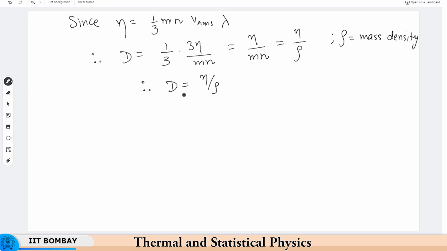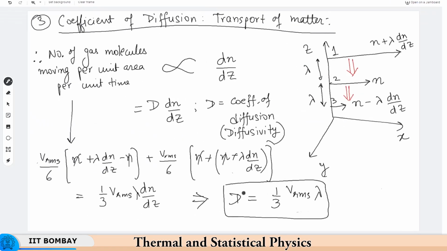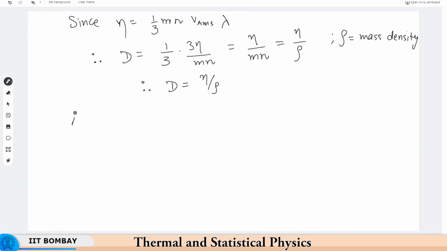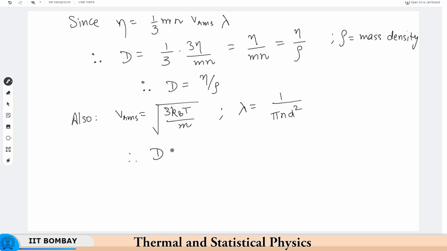And also what we can do is we can again substitute for lambda and V RMS. Since V RMS is the square root of 3 kBT divided by m, and lambda is 1 by pi n d squared, D basically takes this form.